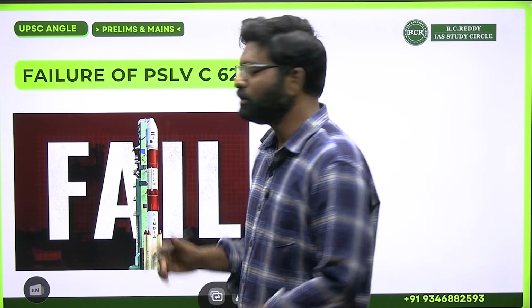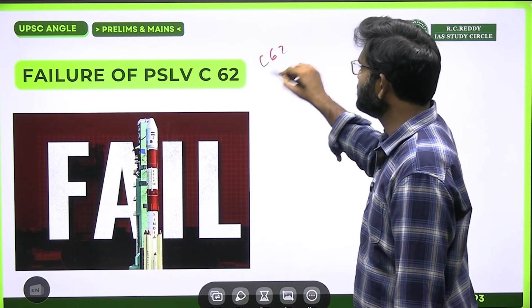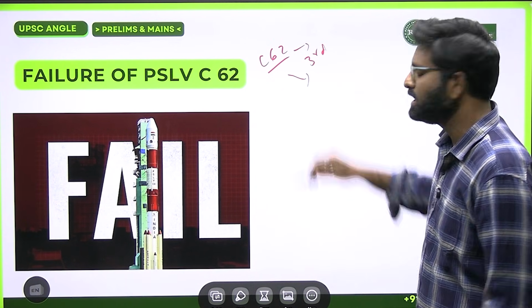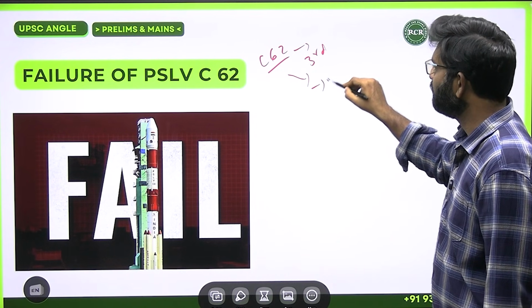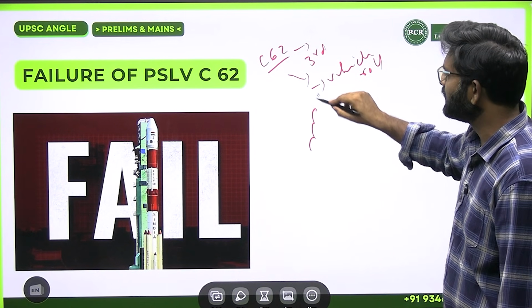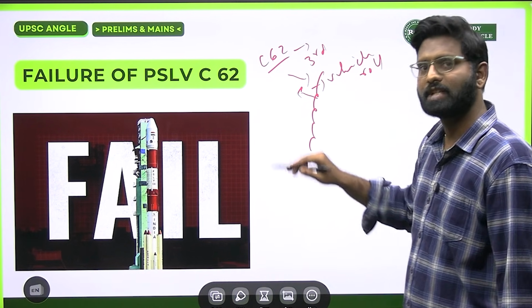Next, the reason for failure of PSLV C62. It failed in the 3rd stage. An anomaly was detected in vehicle roll rates. There was disturbance in vehicle roll rates. The satellite will be moving like this. The roll rates increased abnormally.